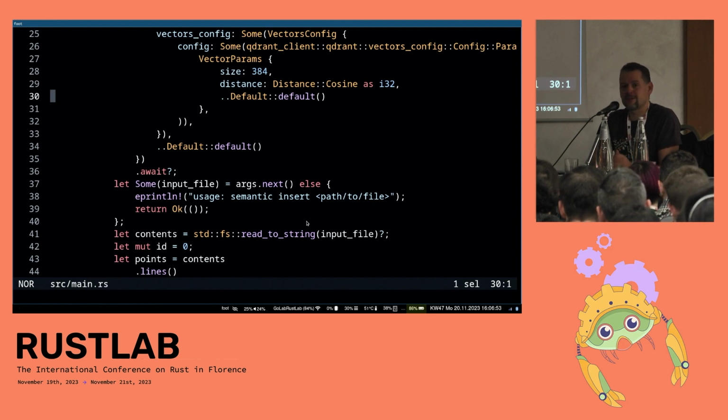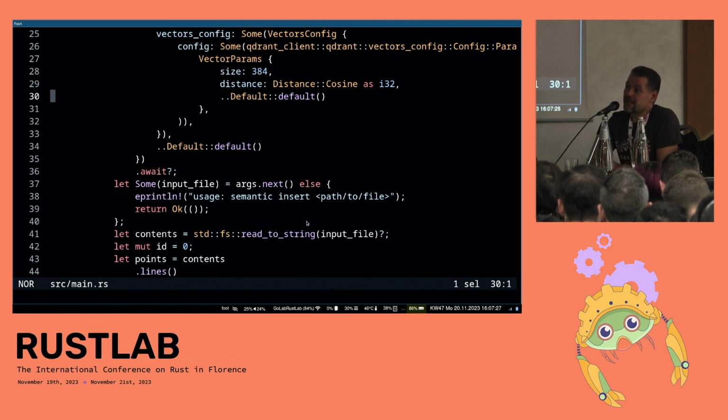You can run it on your own PC, as I have done right now, or you can get a free tier server from them, or pay for it if you really need to scale out. You can run it on the cloud, run it everywhere. You can connect to it via gRPC, which the Qdrant client crate does. It's basically just a wrapper around that gRPC interface. And since it's all written in Rust, it's pretty easy to set up.